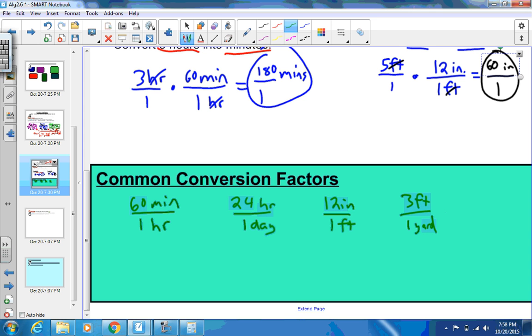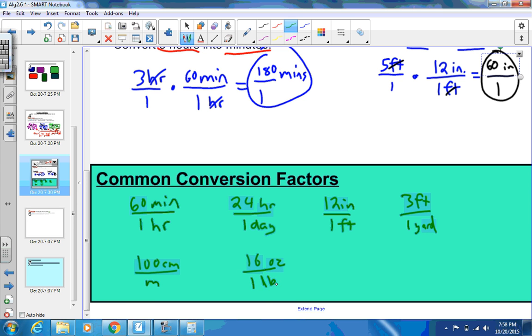Let's see. There are 100 centimeters in a meter. There are 16 ounces in 1 pound.